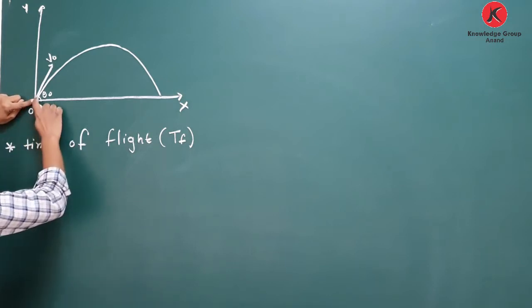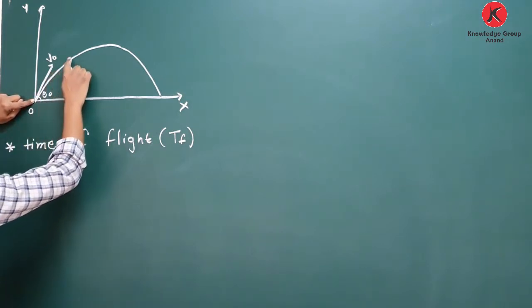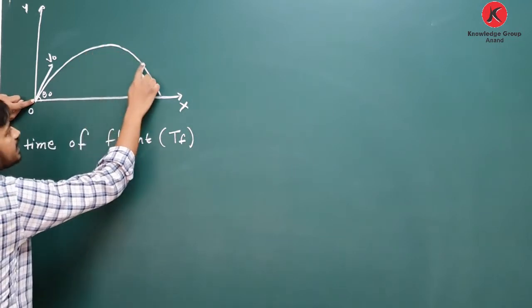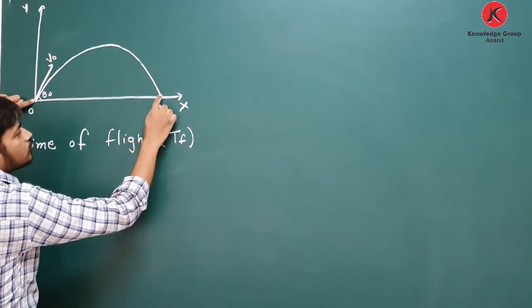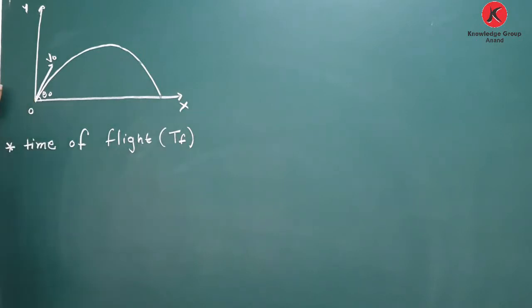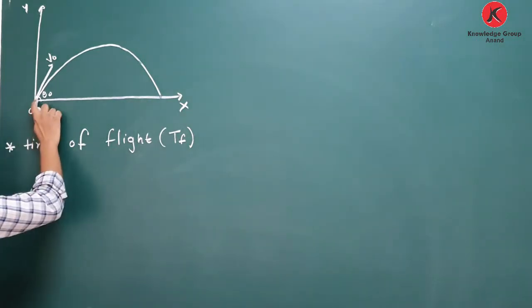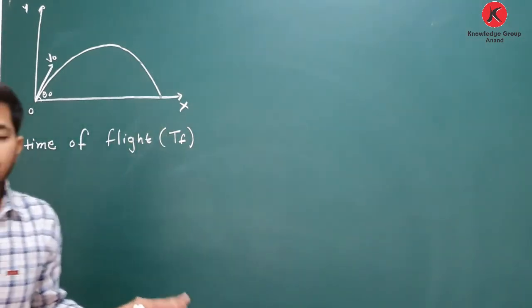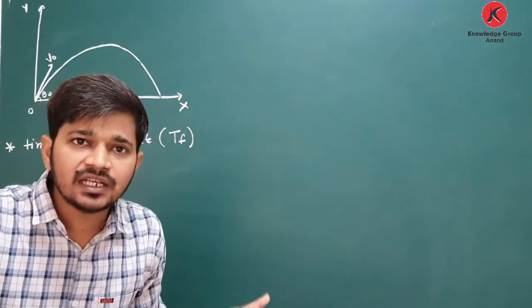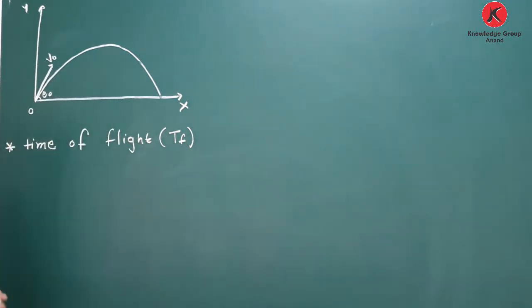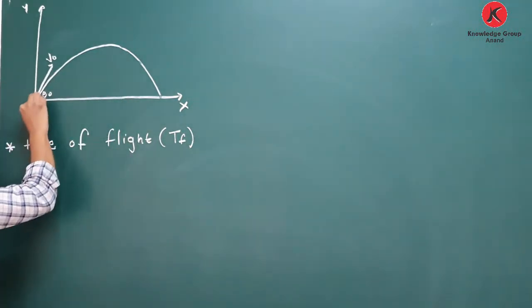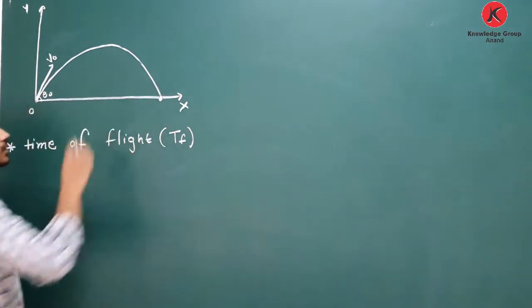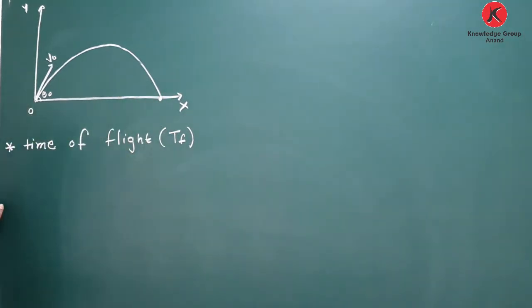After this point, the object is in air, and at this point it will return to the ground. Yes or no? So from this point to this point, the object is in air, means the object is flying, and this time to reach from this point to this point is called the time of flight.